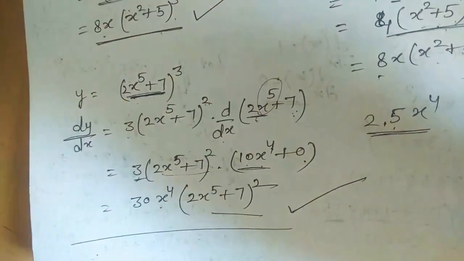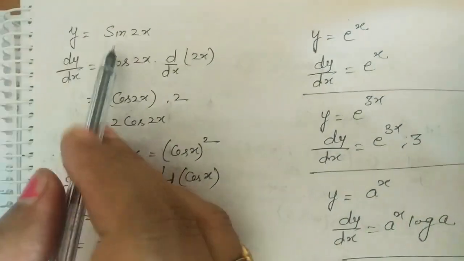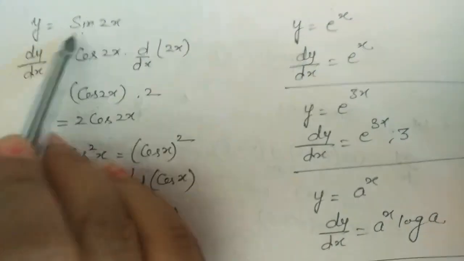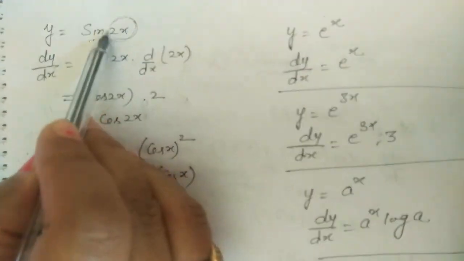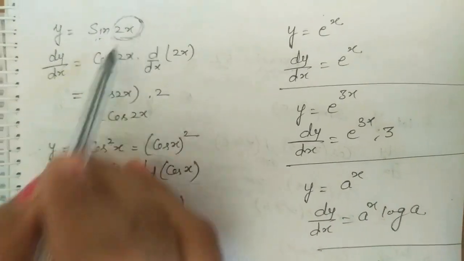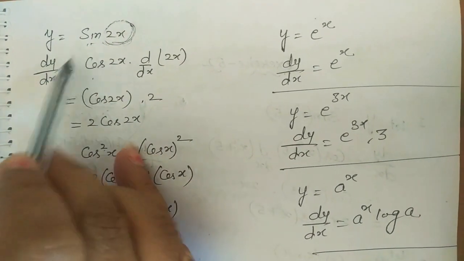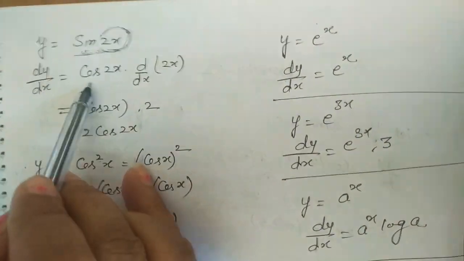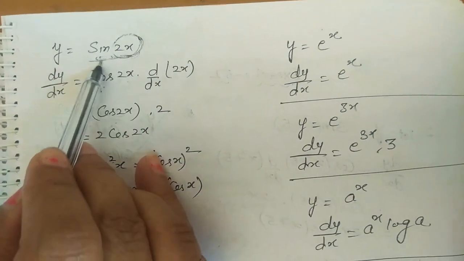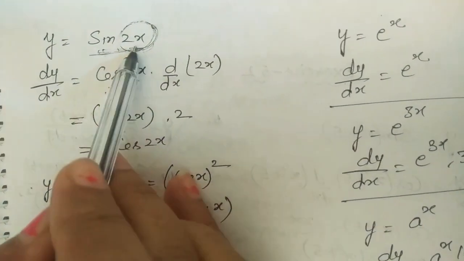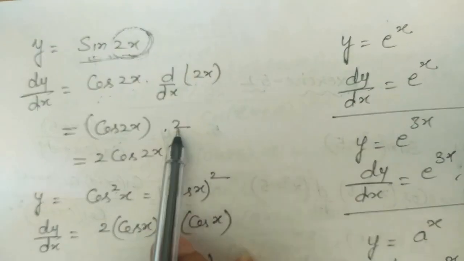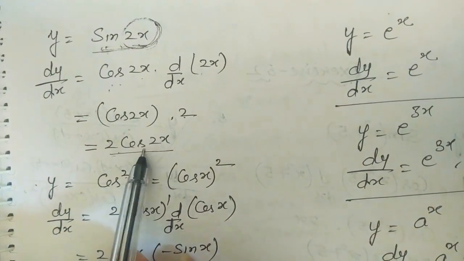In the same way, we know the derivative of sin x is cos x. But here, in place of x, there is 2x, so we will apply the chain rule. The derivative of sin 2x is cos 2x, and the derivative of 2x is 2. So the answer is 2 cos 2x.